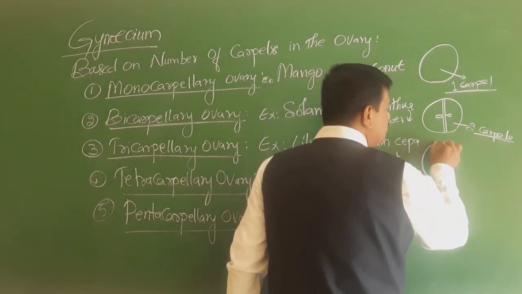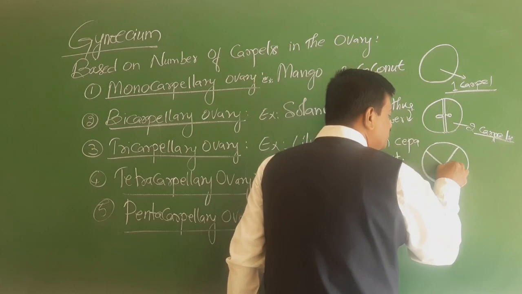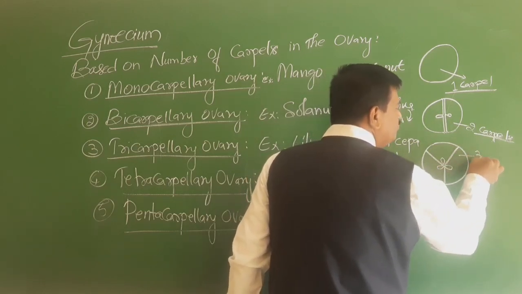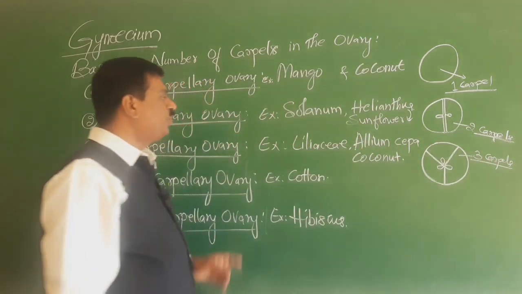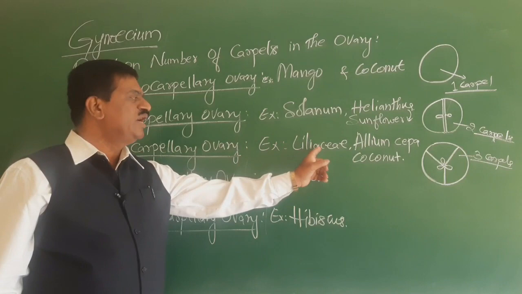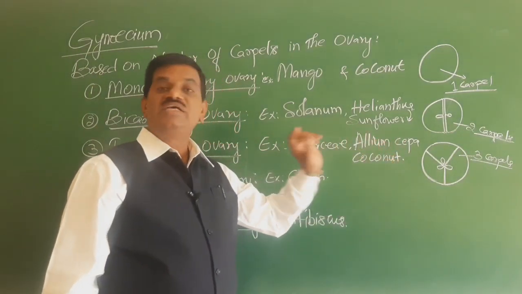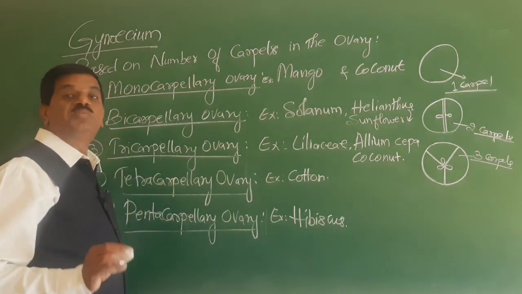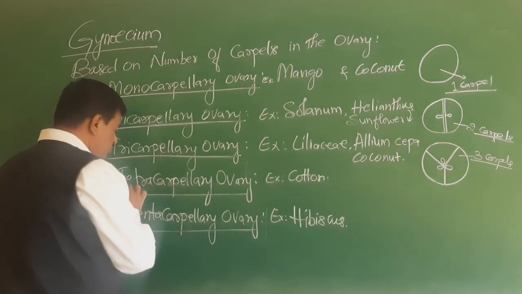When you take an ovary, there is a presence of 3 carpels like this. Hence it is called tricarpillary. Examples are Liliaceae, Allium cepa called onion, and coconut. It is called trilocular also.